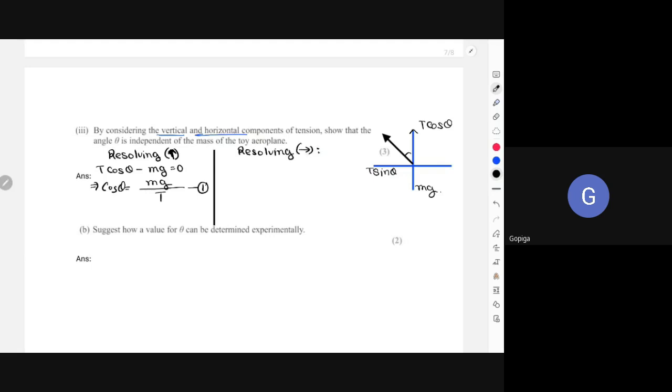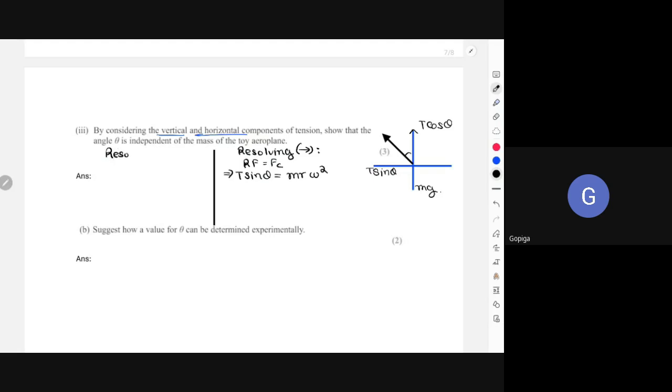For that resolving horizontally, now I can write that the resultant force equals the centripetal force, right? So the resultant force is T sin theta, and that equals what? m r omega squared, right? So let's not make sin theta or cos theta the subject of this equation. One minute.